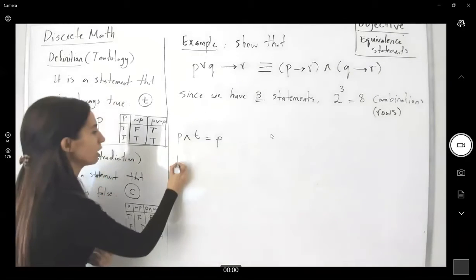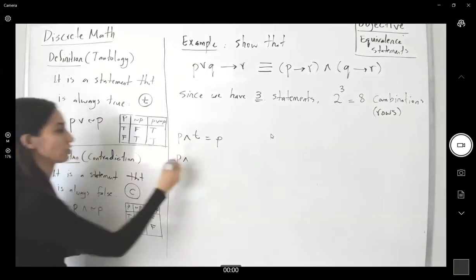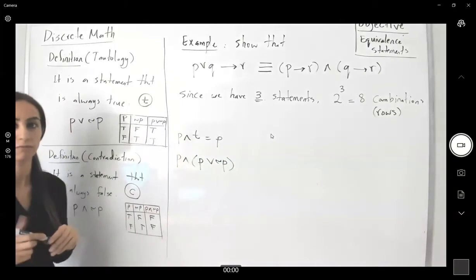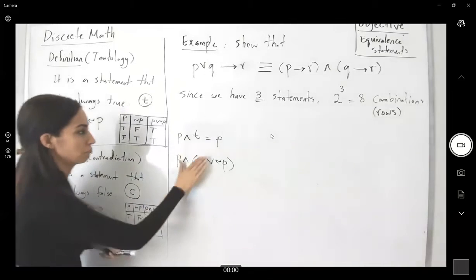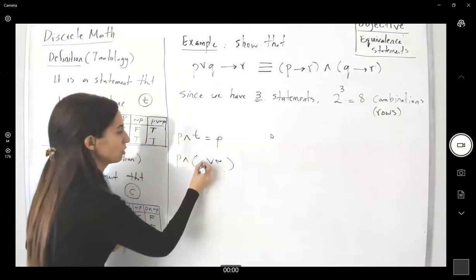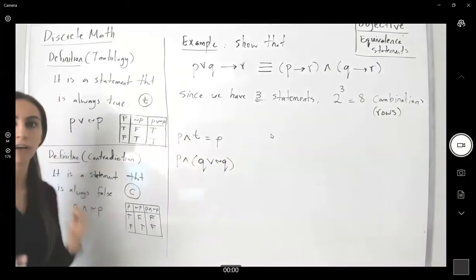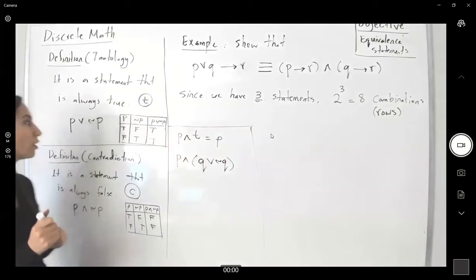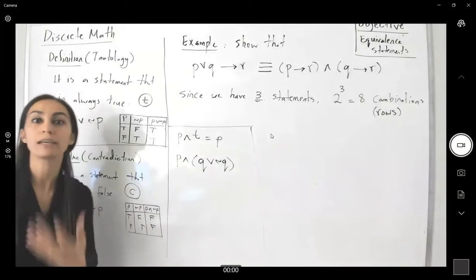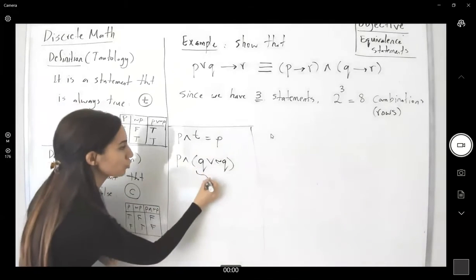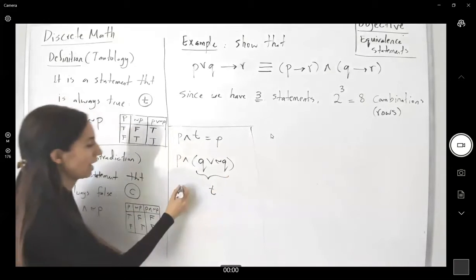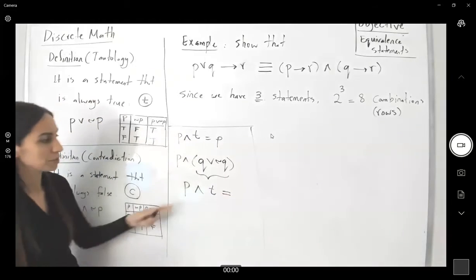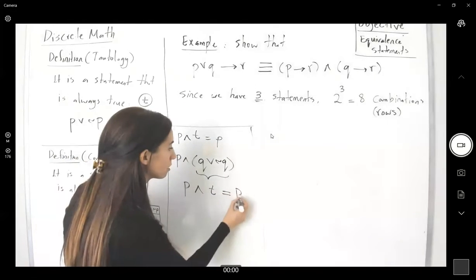Suppose you have P and this tautology, P or not P. Or it can be anything. Suppose you have Q or not Q. If I ask you to simplify this, you say, hey, I already know that Q or not Q is a tautology. So I'm going to just quickly write tautology here. And P and the tautology, the identity law tells me that P and the tautology is P.